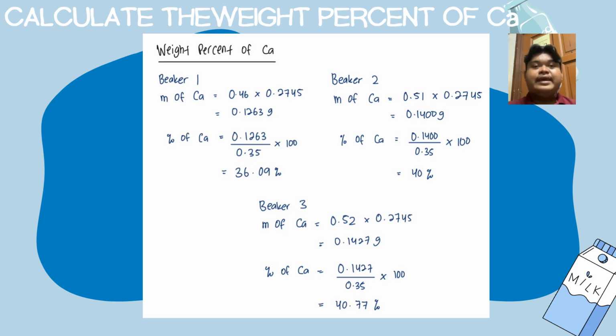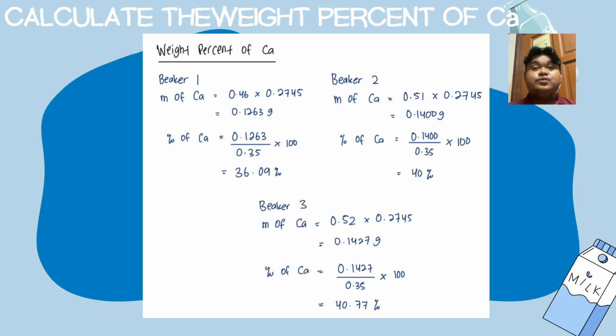In beaker 1, mass of calcium is equal to 0.46 times 0.2745, which is equal to 0.1263 grams. The percentage of calcium in beaker 1 is calculated with 0.1263 divided by 0.35 times 100, and we get 36.09%.